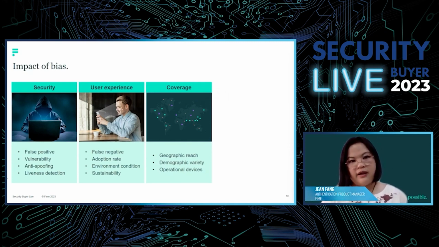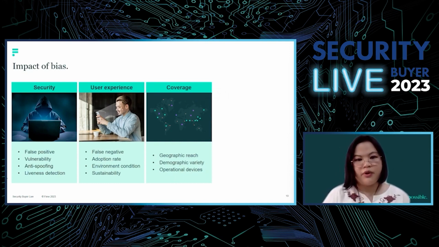And on the other hand, it also has a coverage impact. Like we said earlier, there can be demographic differences or environment differences. So in this part, it influences the geographic reach, the demographic variety supported, and even the operational devices of the biometric solutions.